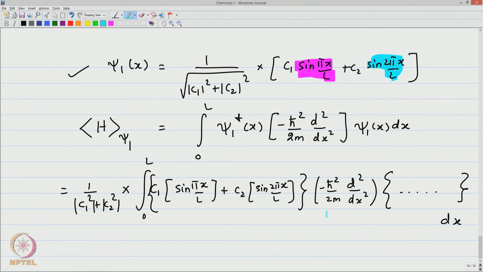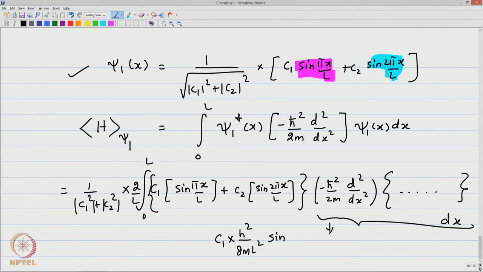So, the operator H acting on these wave functions gives you the following, namely C1 times h square by 8 m L square times sin, that is also a 2 by L, which you have to include here.